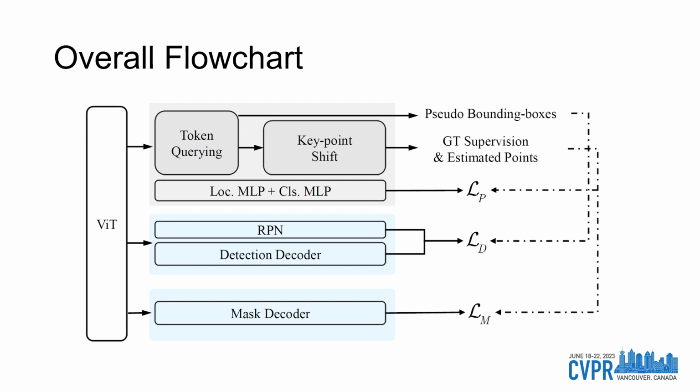These boxes serve as an approximation of the object's boundaries, enabling accurate training and supervision of the mask decoder. By incorporating the Mask R-CNN framework and utilizing the key points as pseudo-ground truth, AttentionShift enhances the instance segmentation process, enabling the model to effectively learn and predict the masks for each object.